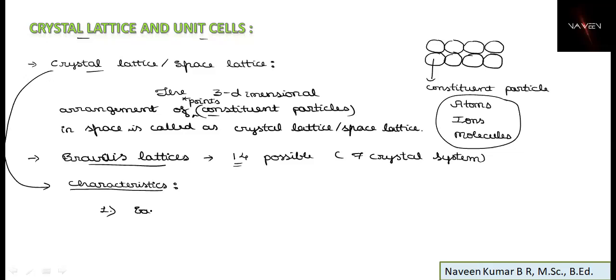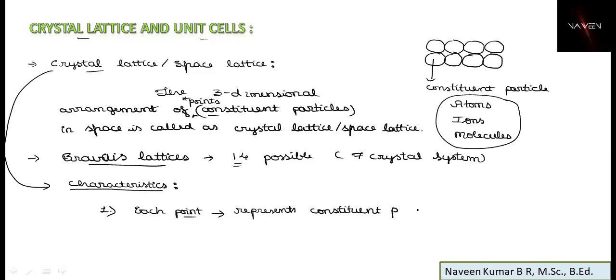Whatever the crystal lattice, each point we represent in it represents a constituent particle. Each point we represent in a three-dimensional space, in learning the respective structure, represents a constituent particle.